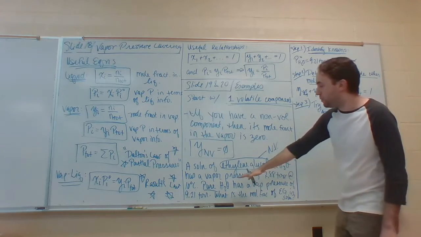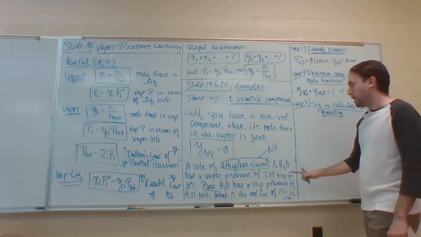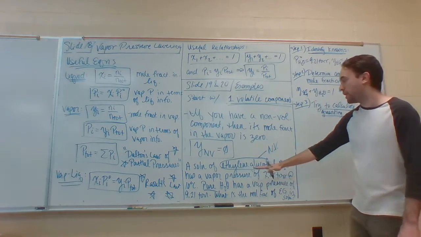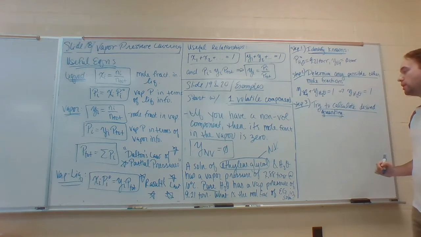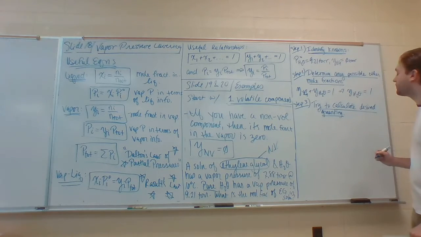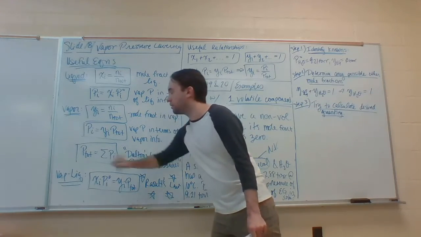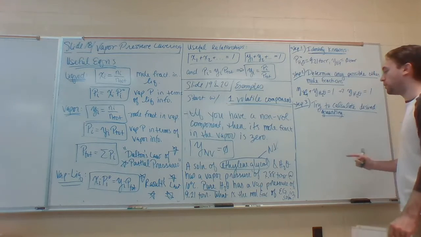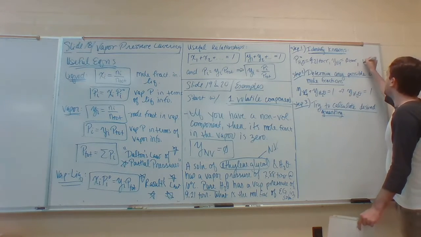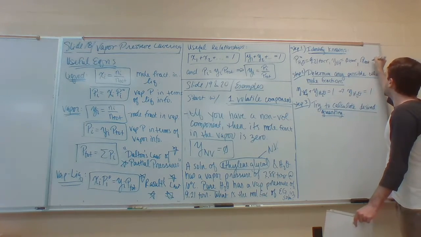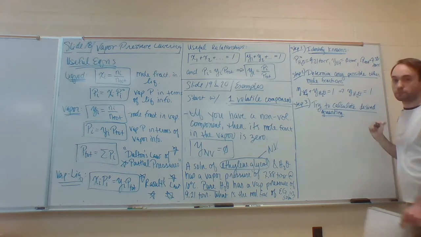All right, so we know our mole fraction of the water is equal to 1. The last piece of information that we know from our problem statement is that the solution has a vapor pressure of 7.88 torr. That's telling you that the total vapor pressure, P total in the vapor, was 7.88. So P total is equal to 7.88 torr.